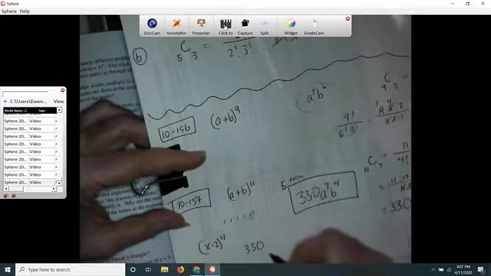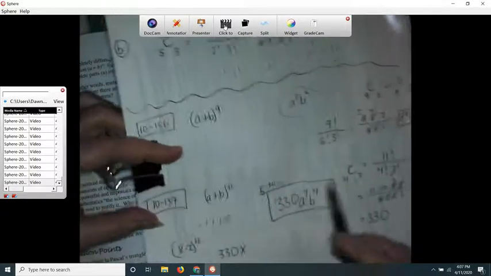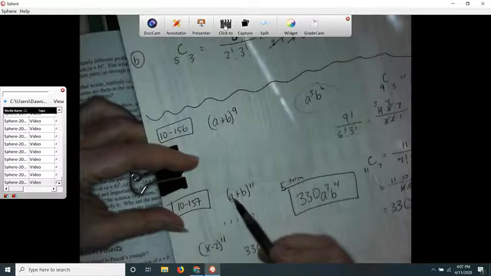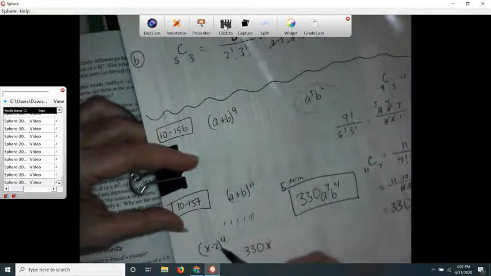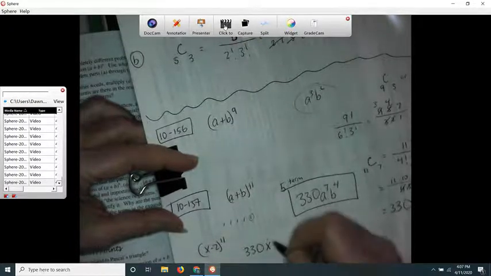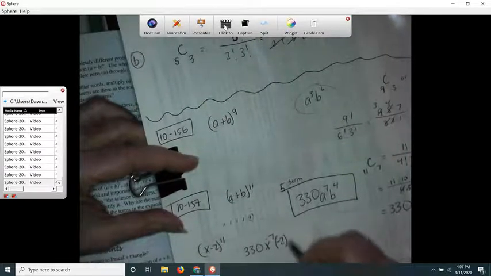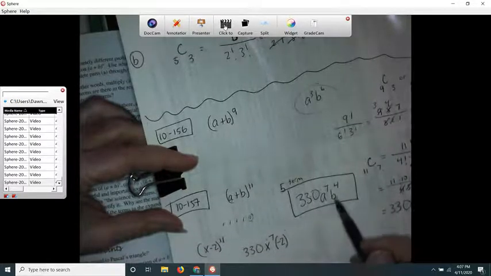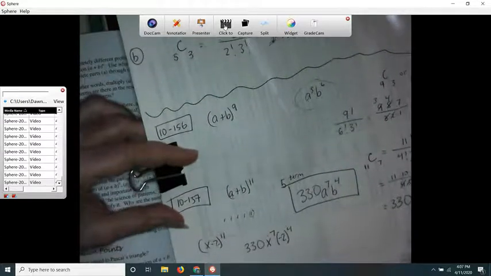So what I'm doing is I'm saying let x equal a, and then let b equal -2. See? So if x is a, it's x to the 7th. And then b, well, that's -2 to the 7th. No, it's not 2 to the 7th. It's -2 to the 4th. And I think I just do that. And then -2 times -2 times -2 times -2.